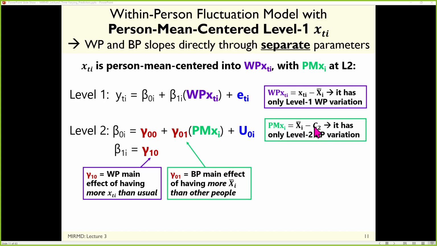That's the only kind of slope it can have, a between-person slope. So this tells us about the effect of having more x on average than other people. For every unit more person mean x, gamma O1 describes the change in the average outcome over time. More than other people, level 2; more than usual, level 1.